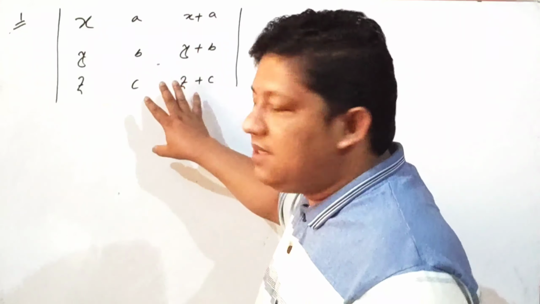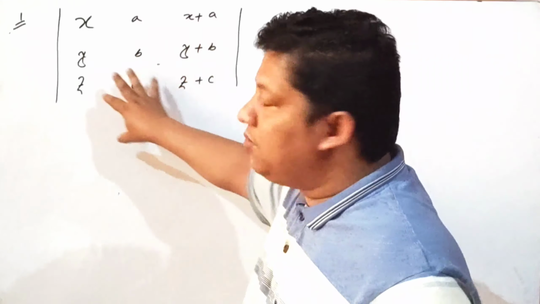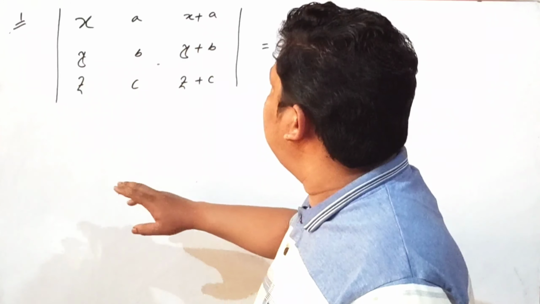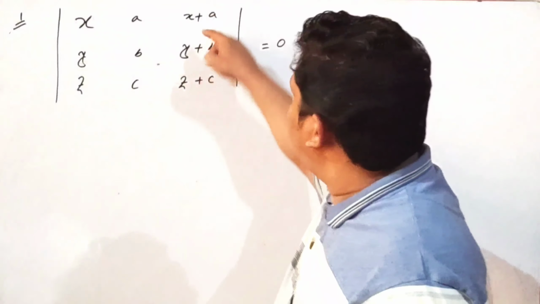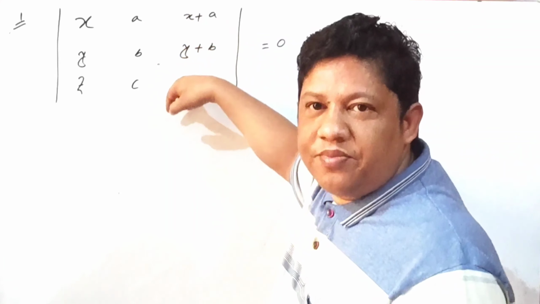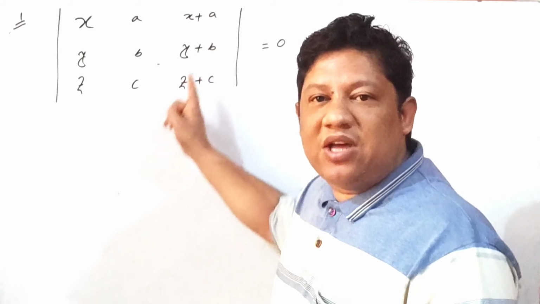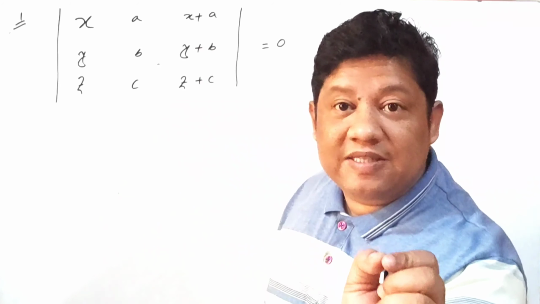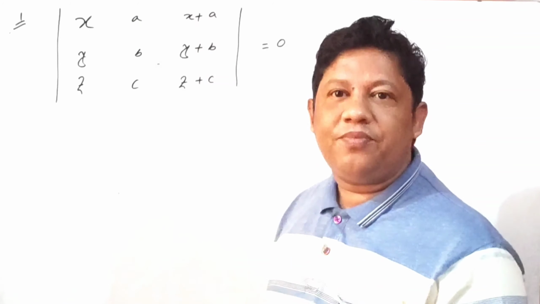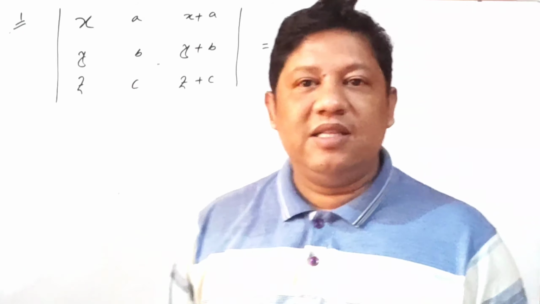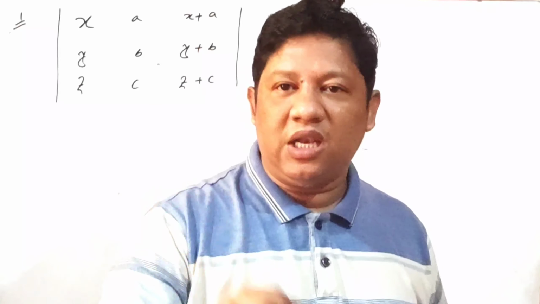Then after that, you have to watch these numbers carefully. If you watch these numbers, you see that the third column is the sum of two elements.